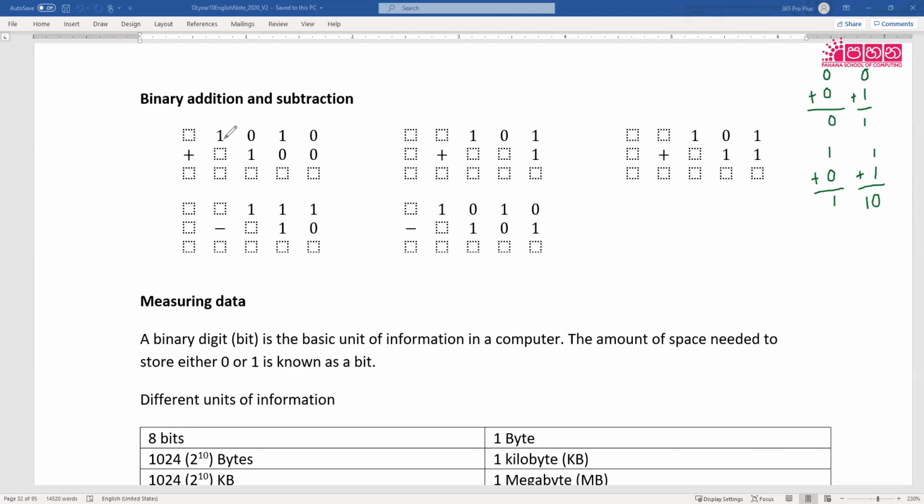So let's start with 1, 0, 1, 0. You add 1, 0, 0. Can you tell me the answer for this one? Yes, what is the answer for this one? 0, 1, 1, 1, 1.